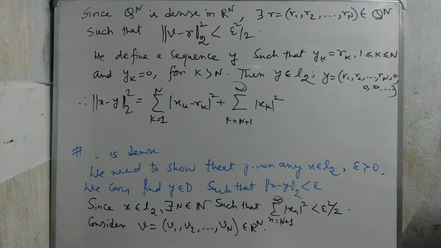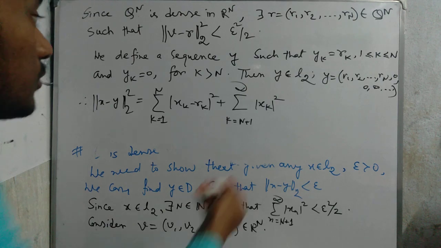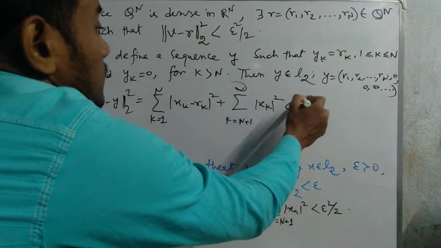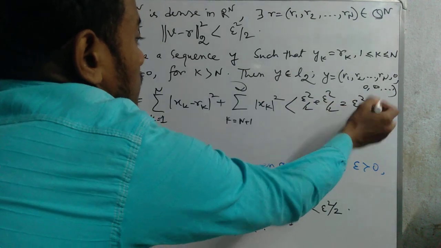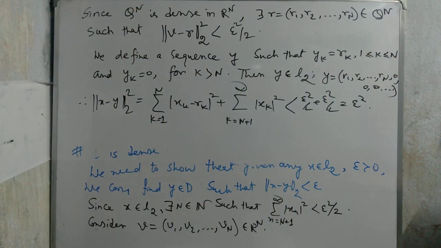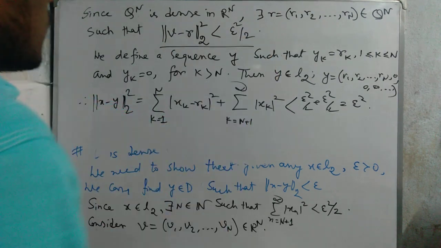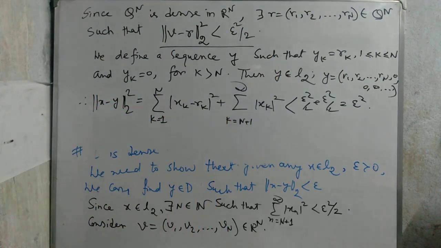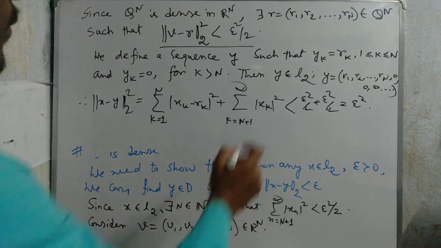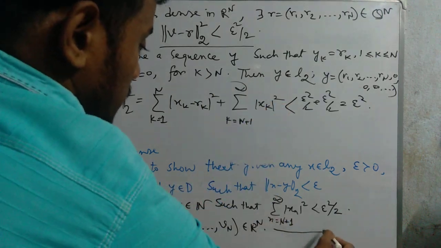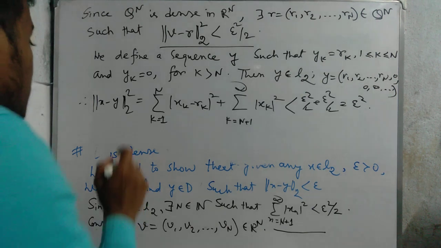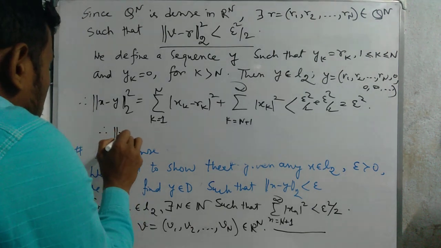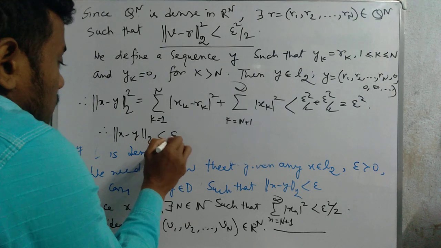Now we know this one is less than epsilon squared by 2, and this one is less than epsilon squared by 2. That means the norm of x minus y is less than epsilon.